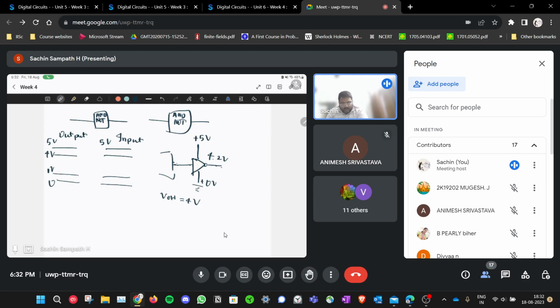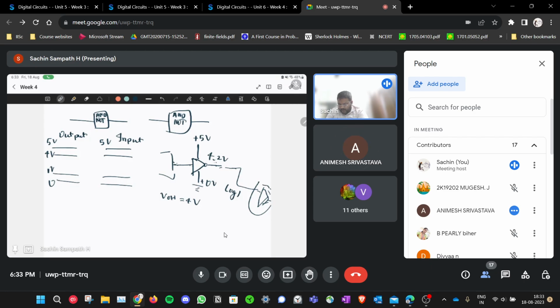So this inverter wants to tell the succeeding circuit that it is giving out a logic 1, and that circuit should understand that 4.2 volts means a logic 1.